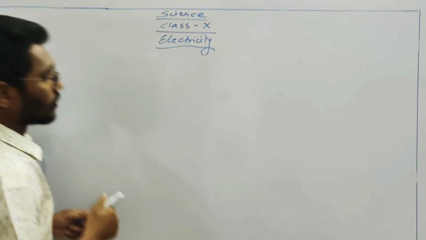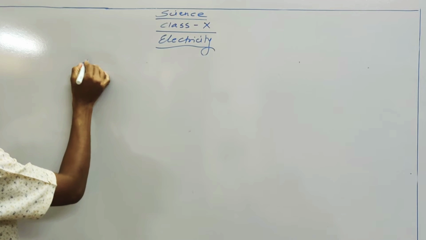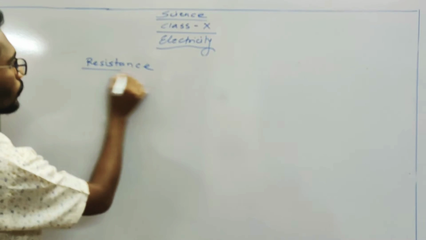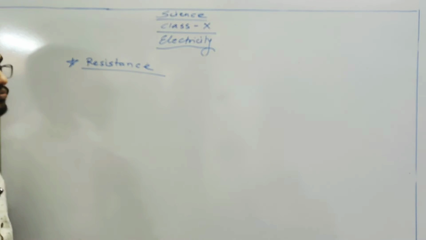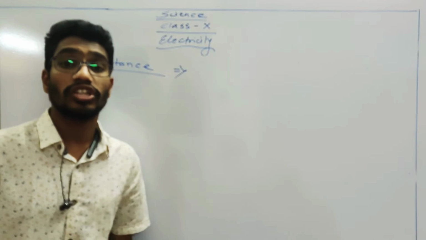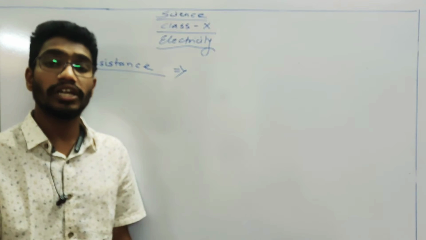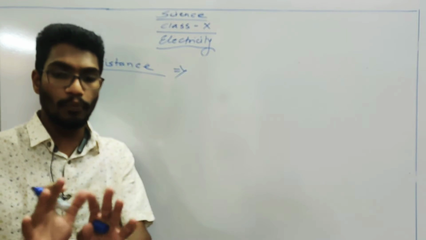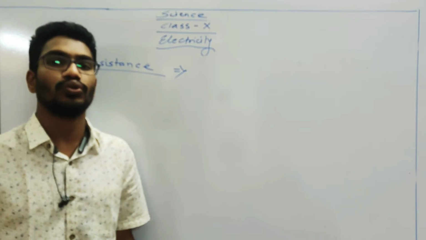So our new physical quantity, resistance. So क्या काम है रेजिस्टेंस? Resistance is nothing but the ability or tendency of each and every material to resist or to oppose the flow of charge through it.